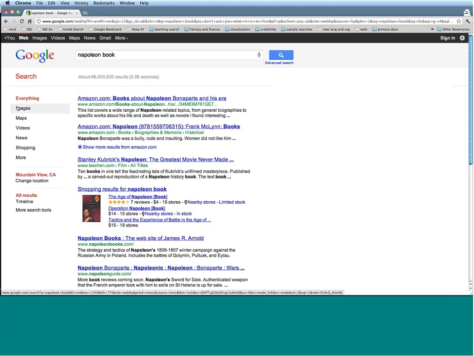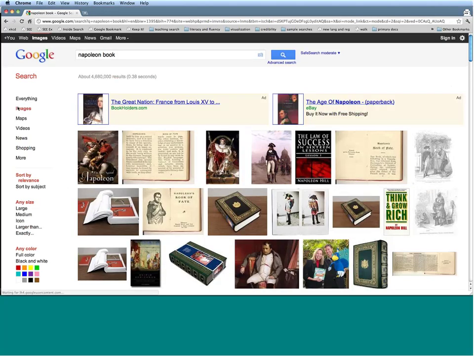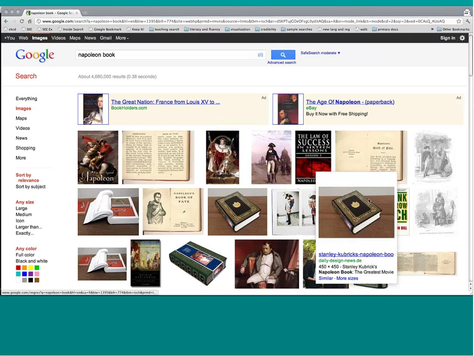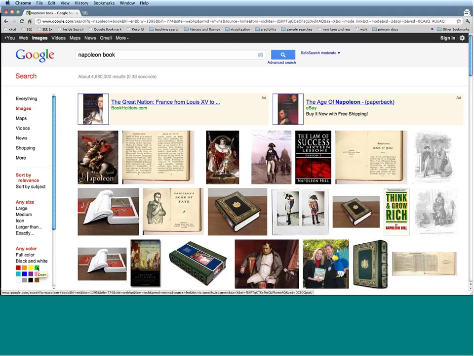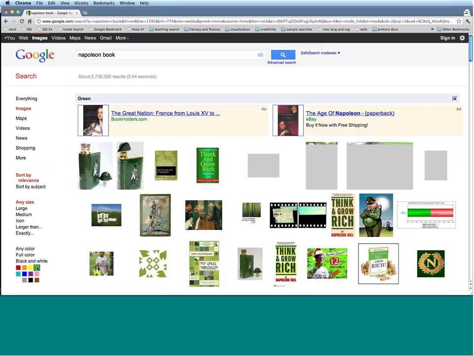When I run this search, I actually go over to images, and there are a lot of book covers here. So what I know about my book, what I recall, is that it was green, and it had an eagle on the cover. Here, I'm on the left-hand side of the page, down at the bottom in this panel, there are these color boxes. And when I click on green, it actually filters for me.